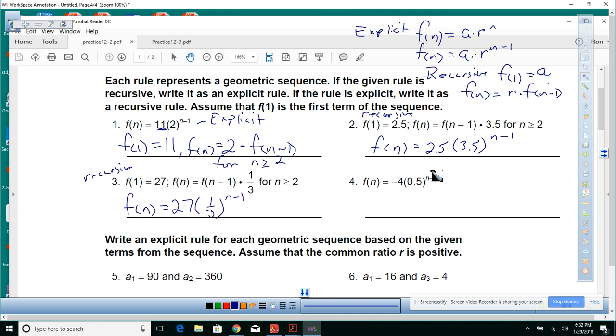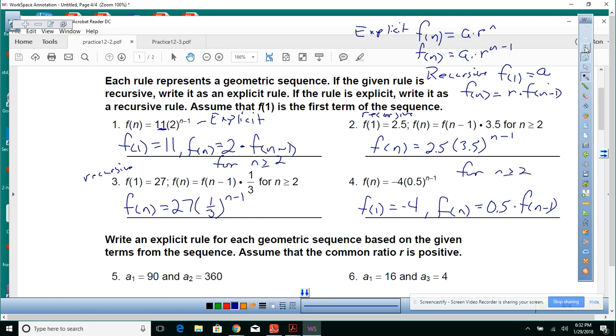Looking at number 4, again, this one is explicit, so we're going to have f of 1 equals -4, and f of n equals r, which is 0.5, times f of n minus 1 for n is greater than or equal to 2.